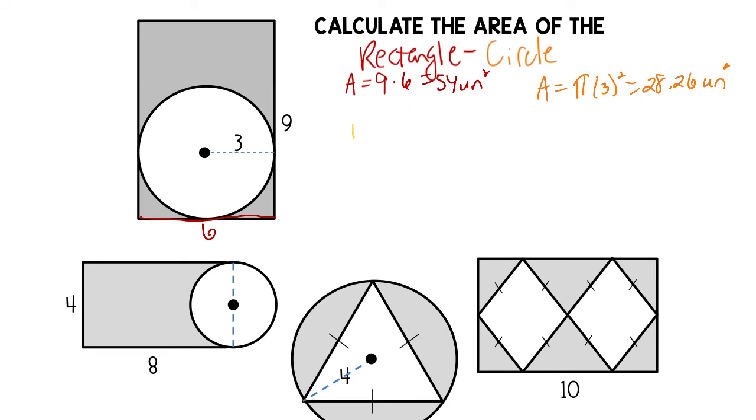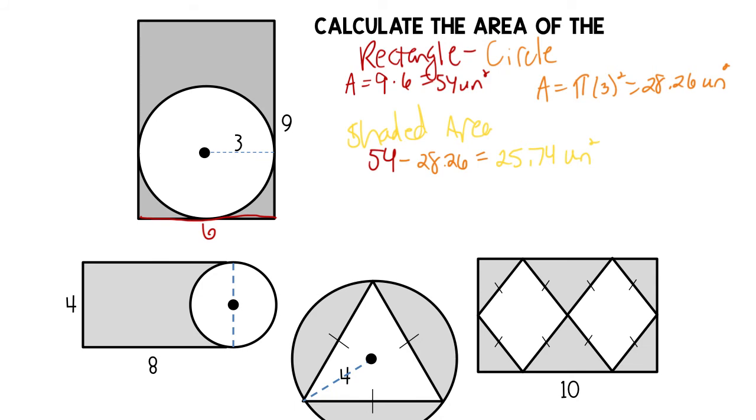So to find its shaded area, we'll do the area of the rectangle, 54 units squared, minus the area of the circle, 28.26 units squared. And we get 25.74 units squared. That's just the shaded region.